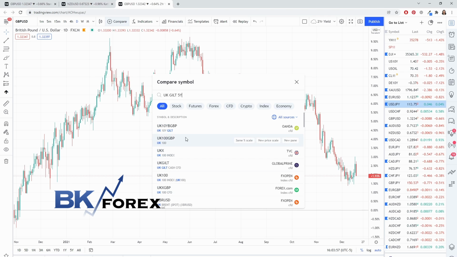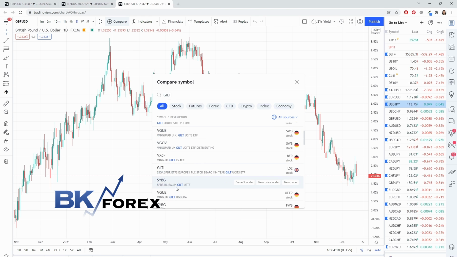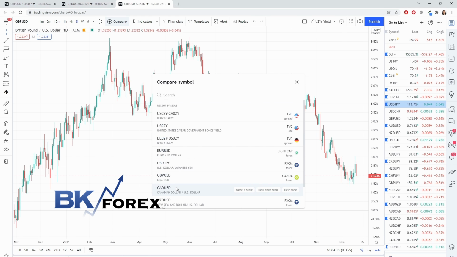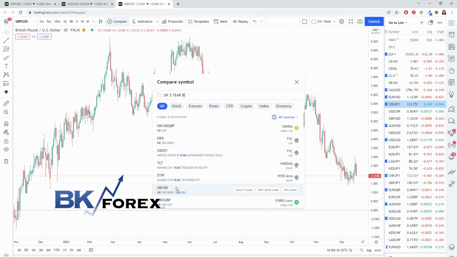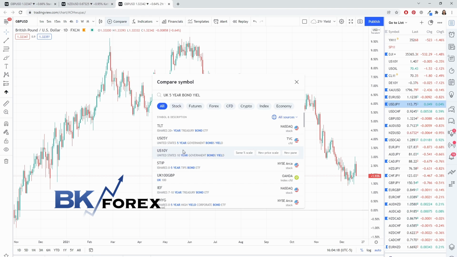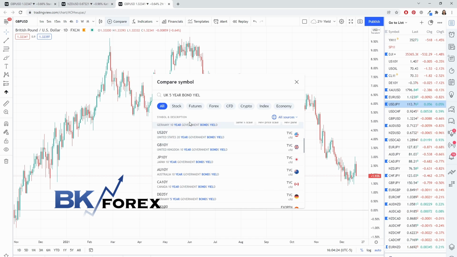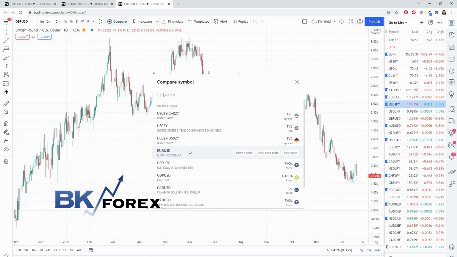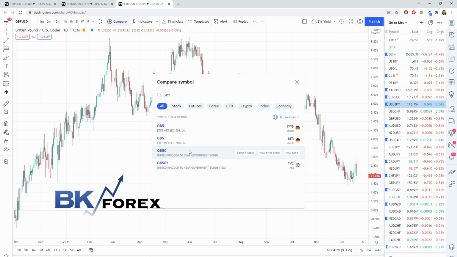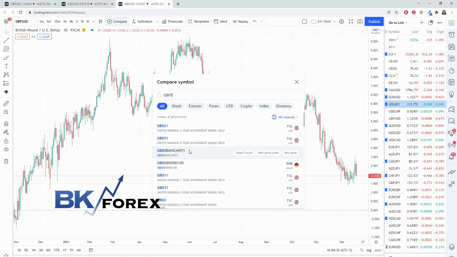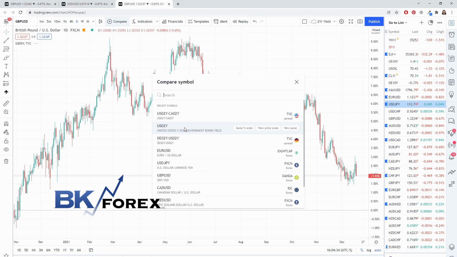I think it was GB5 gilts. We found it earlier. I'll have to come back to you on that. I think it's UK 5-year bond yield. Oh, here we are. Well, we have found the US05, and let's see if we can find the GB5Y. All right. Here we go. We finally found it. GB5Y.